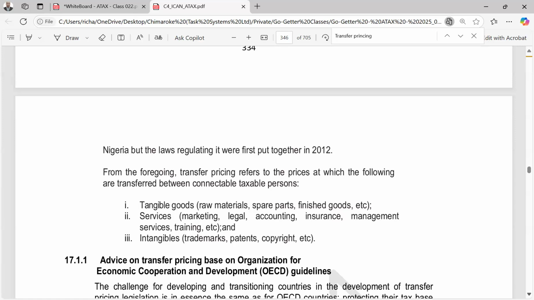Let's say, for example, cement is a finished product when it is packaged, and the cement company is selling it as finished goods. For the builder, it is a raw material, okay? Services could be management, marketing, accounting, insurance, even lecturing services. Intangibles could be trademarks, patents, copyrights. So these are the things that could be transferred.